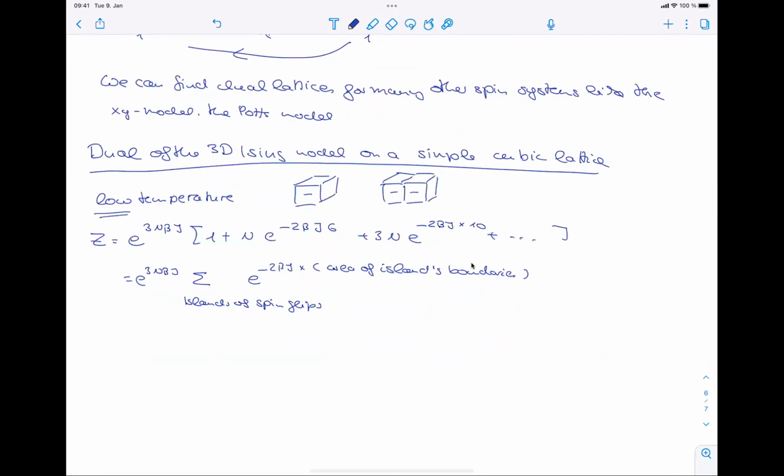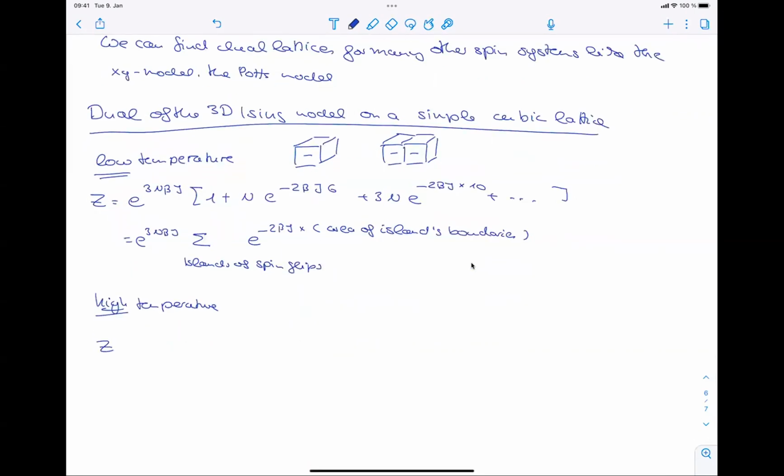And at the high temperature, we're still enumerating graphs. So graphs means we're still counting loops. So we're doing this. We're still counting loops. And so you may already see from the visualization that this nice mapping may not work out anymore, right?